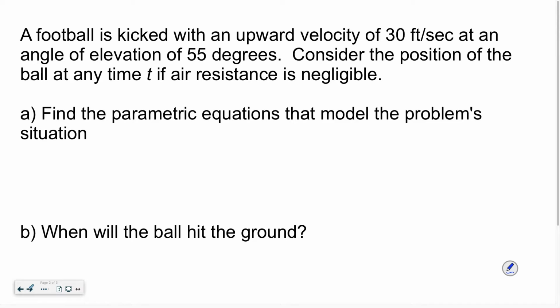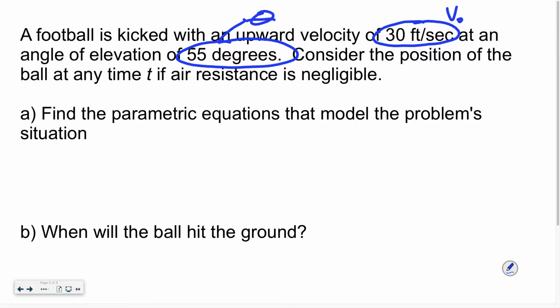Max, what's theta? 55 degrees. Okay. Yeah. And this 30 feet per second, Kinley, what is that for? Okay. But it didn't say anything about a height. Zero. Why? That's what I need. He's kicking it from the ground. And the ground, the height would be 0.